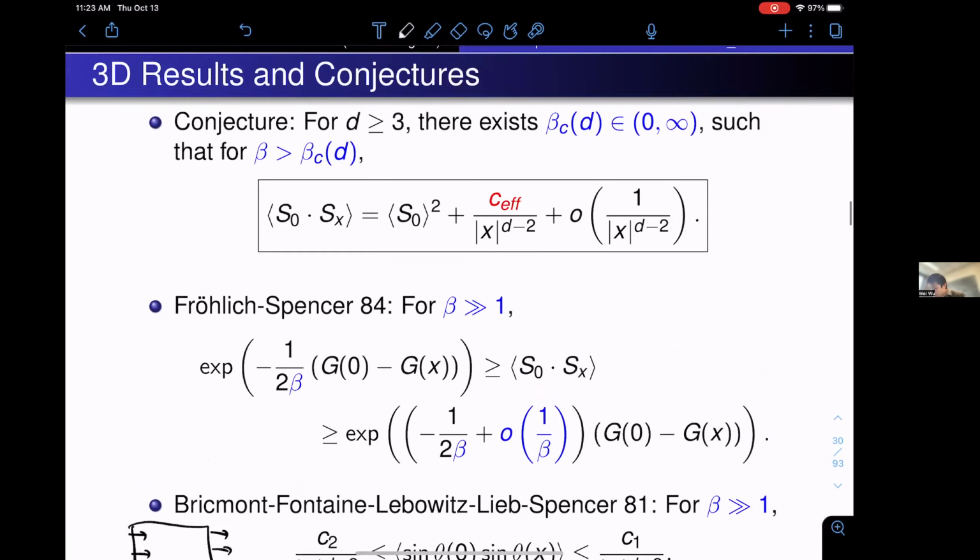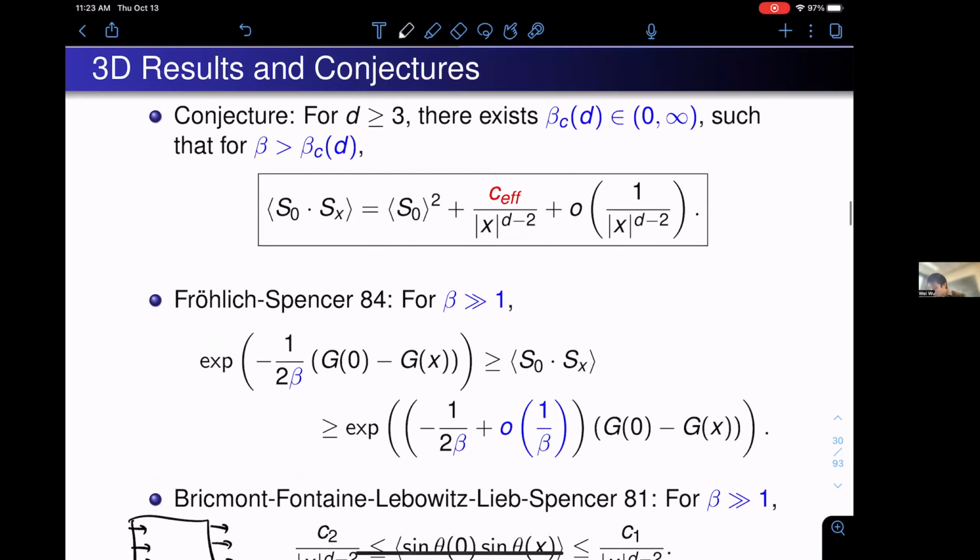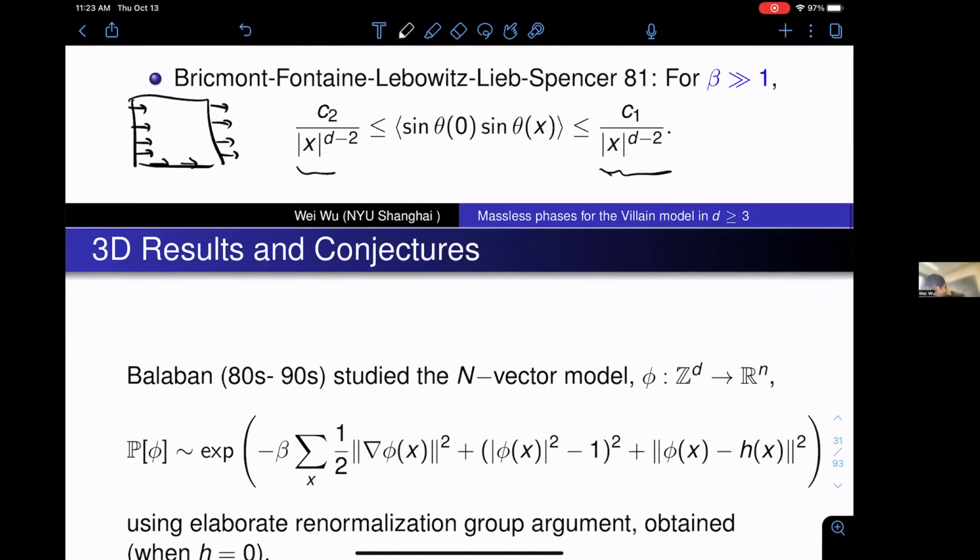Okay, so we were able, with Paul, to establish a very precise asymptotics of this 2-point function in dimension 3 and low temperature.